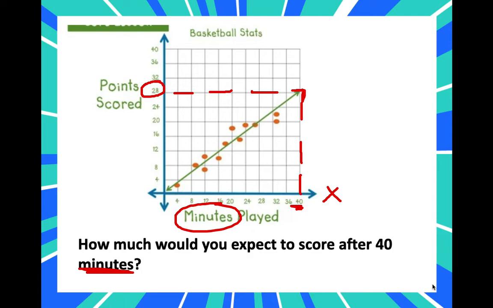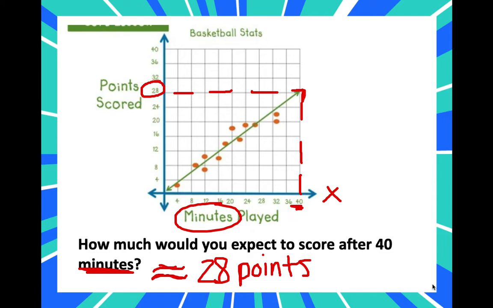28 points. Now, is a trend line exact? No. So we're still doing the squiggly equal sign. So I'm going to say about 28 points. All right. Because again, a trend line isn't perfect.